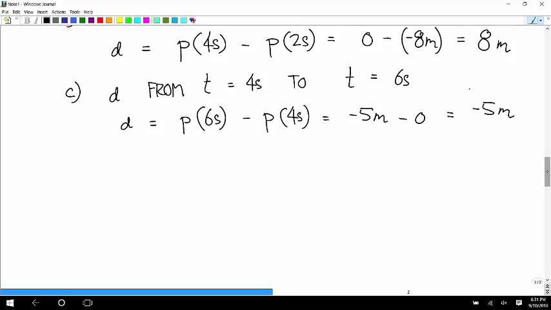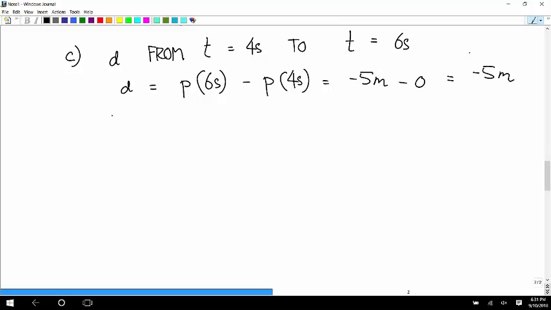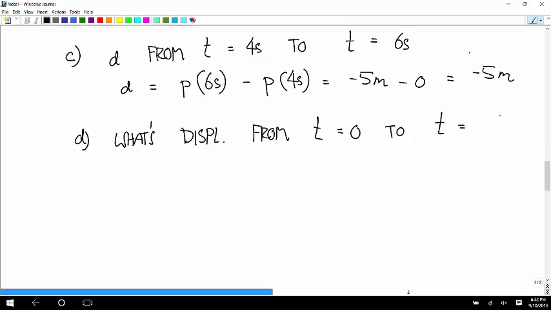Okay, so now, let's do 2 more. So now let's say what's the displacement from time equals 0 to time equals 6 seconds.